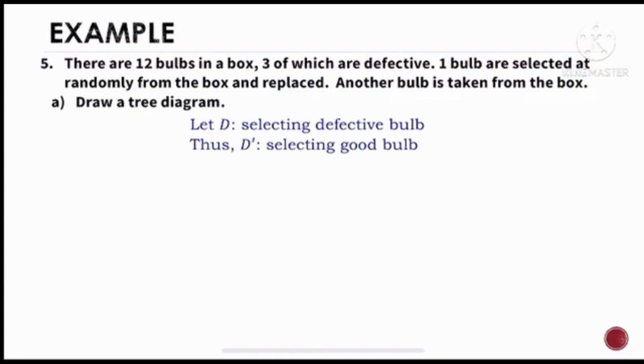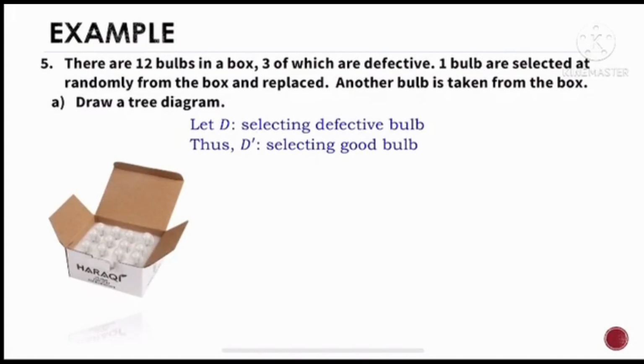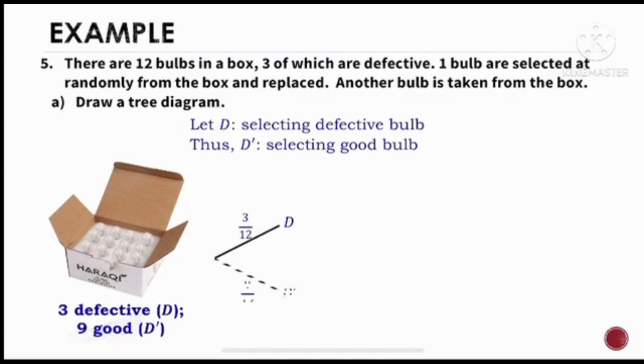Thus, D' is the event of selecting good bulbs. So imagine that we have a box of 12 bulbs, which has 3 defective and 9 good bulbs. Now we take 1 bulb from the box. The probability of selecting a defective bulb is 3 over 12, and the probability of selecting good bulbs is 9 over 12. So this is the probability for the first selection of bulb.